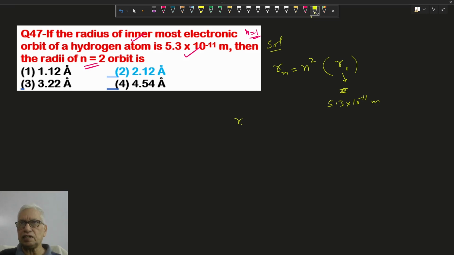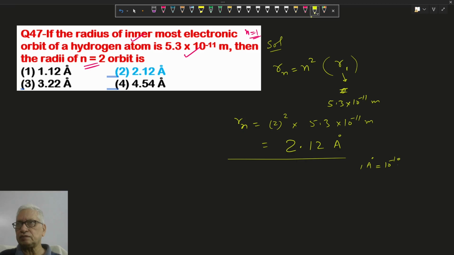So Rn means 2 square into 5.3 into 10 to the power minus 11 meter, which comes to 2.12 angstrom. Angstrom is 10 to the power minus 10 meter, so we have converted to angstrom. So the option here is 2.